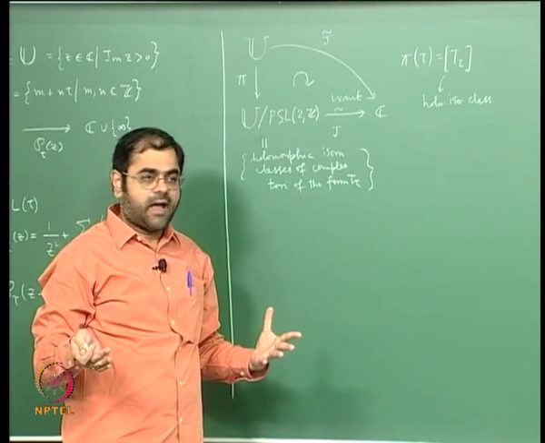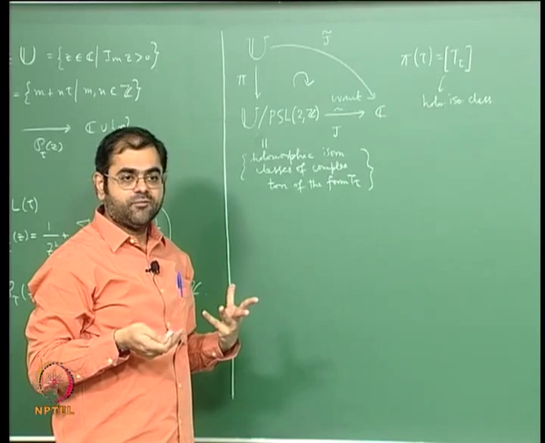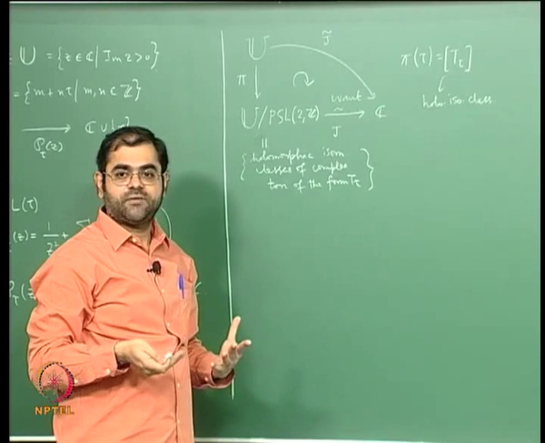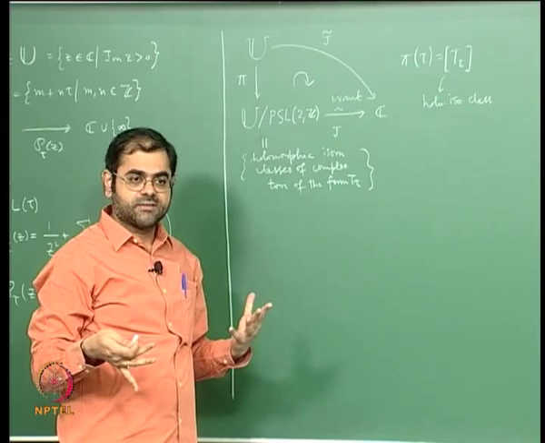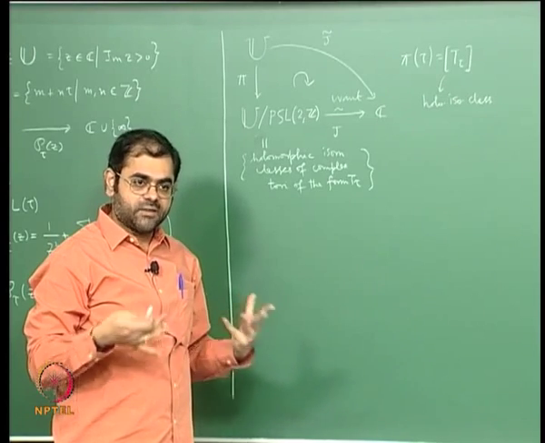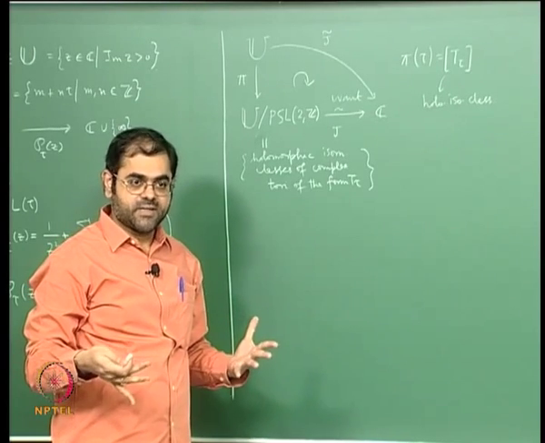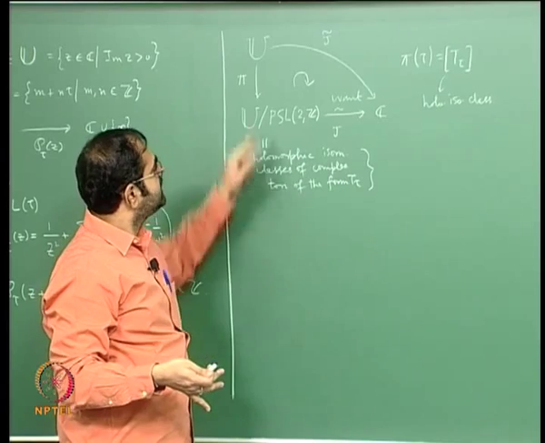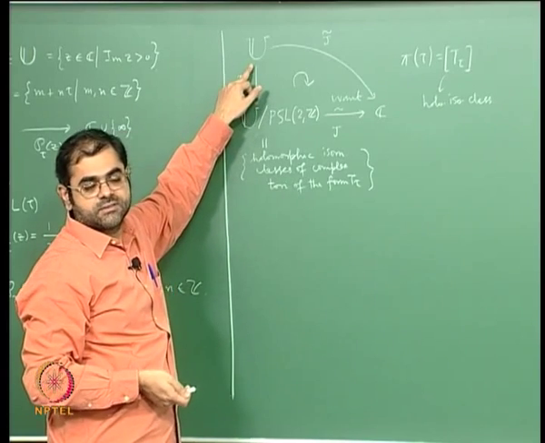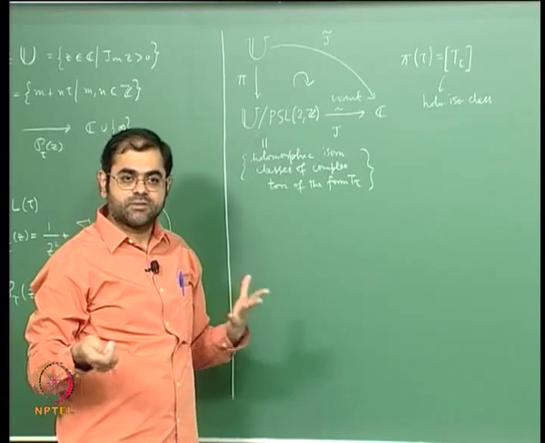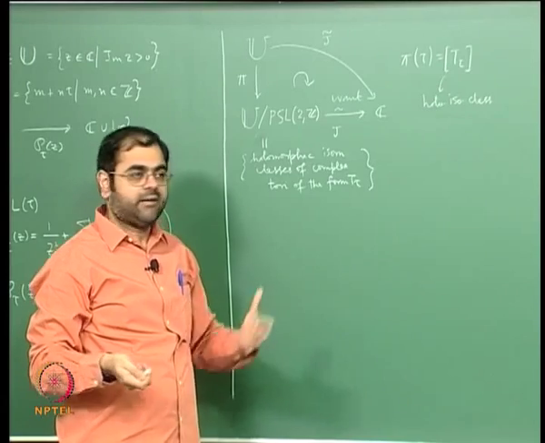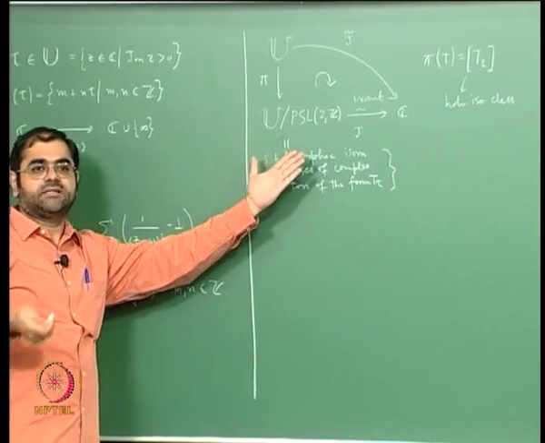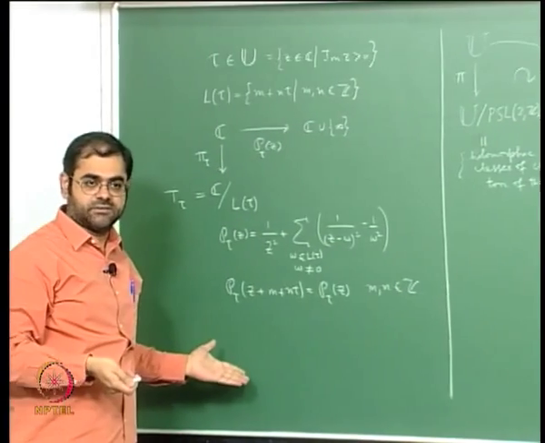If you believe the philosophy that the geometry of a space is controlled by the kind of functions you allow on that space, then you are led to search for functions on the tori, and that search is what led us to the Weierstrass P function.